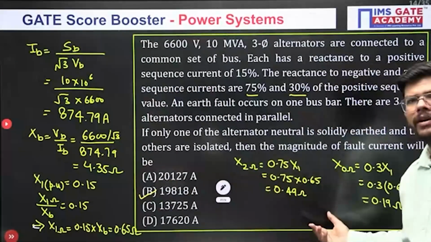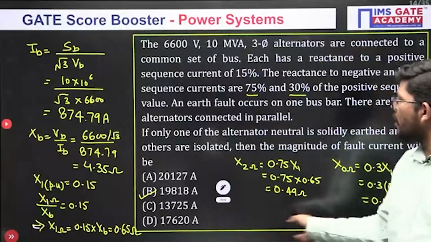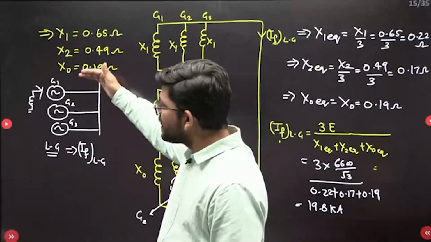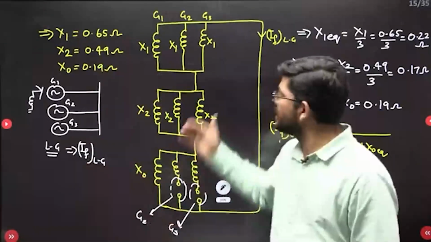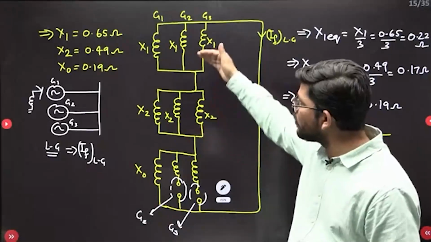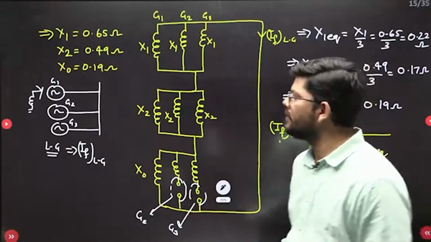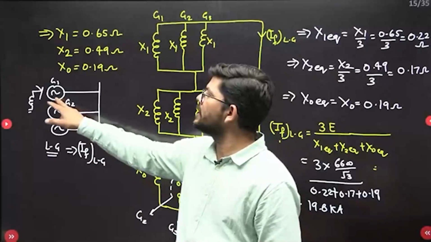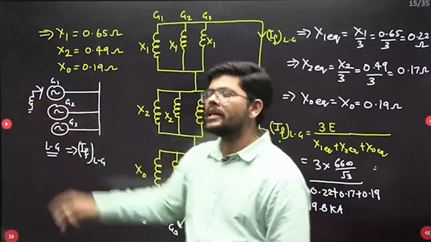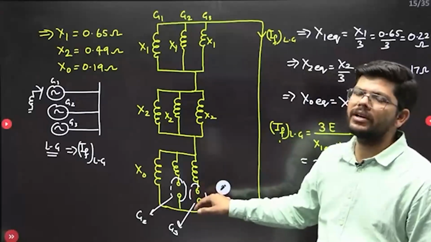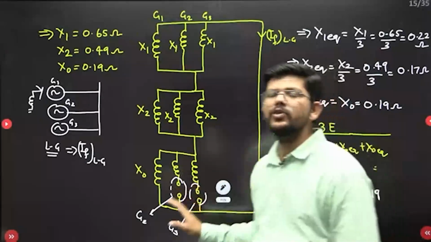Second, if alternators are connected in parallel, their sequence networks are also treated as connected in parallel. Third, if some alternators' neutrals are not present, their zero sequence network will be open circuited. So these three things you have learned.